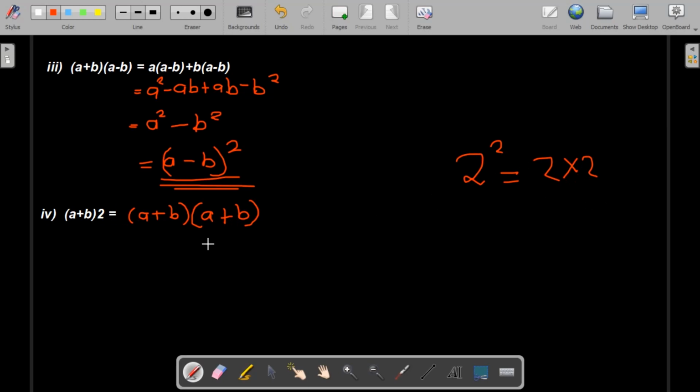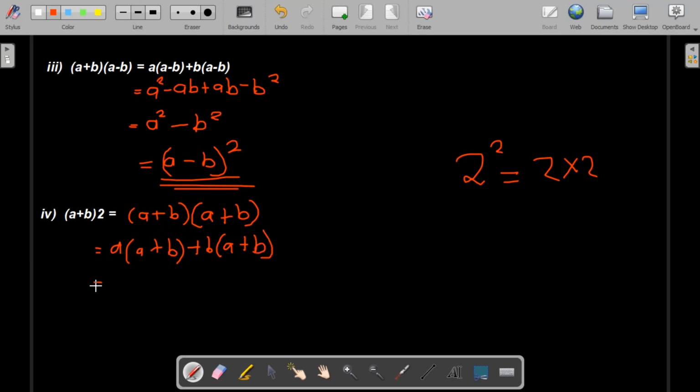So this is what I've done. Then after that we start distributing. We'll say a(a + b), the same way we have done for number 3, and then b(a + b).